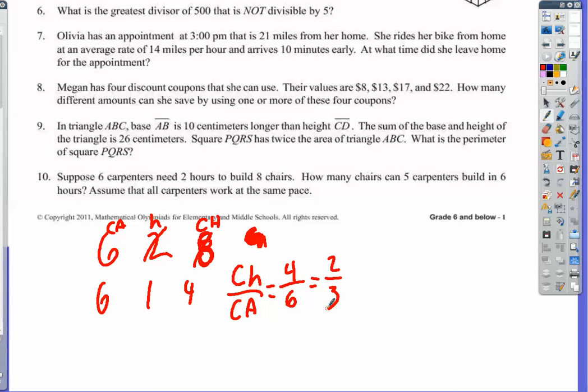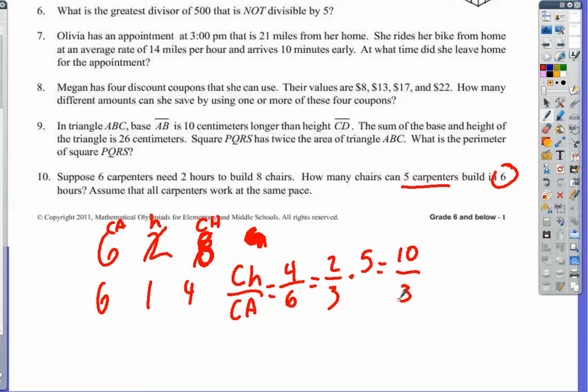Well, I have 5 carpenters and I want to build 6 chairs. Well, so if each carpenter in 1 hour can do 2/3 of a chair, and I have 5 carpenters, that means I have a grand total of 10/3 chairs.